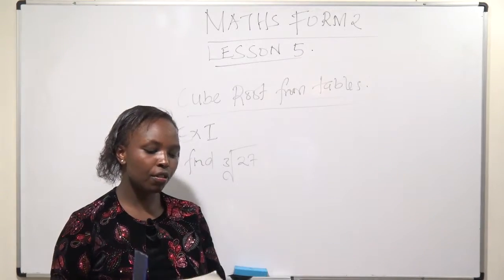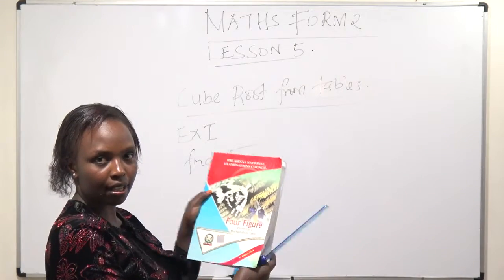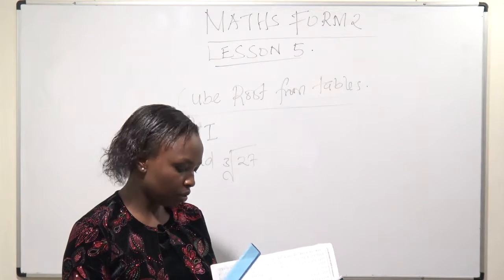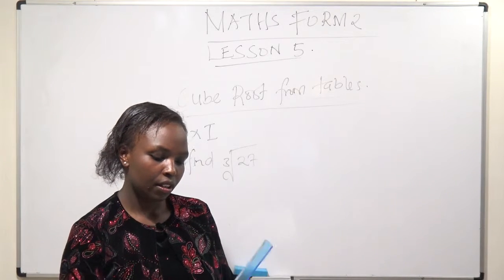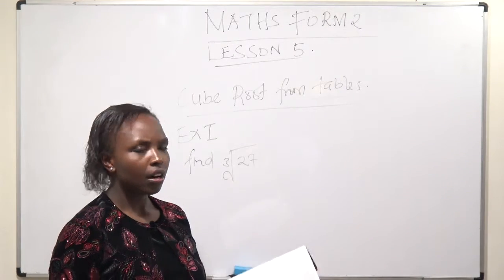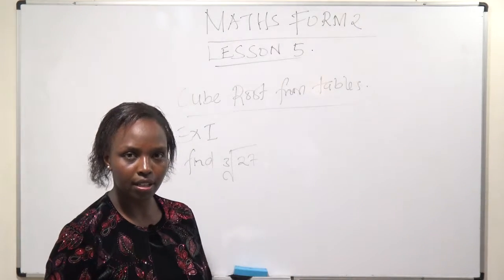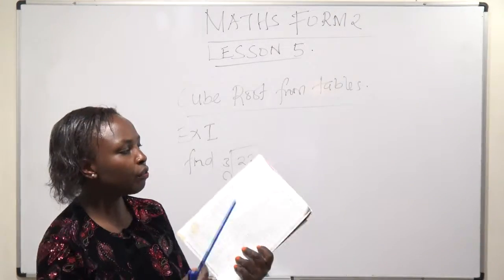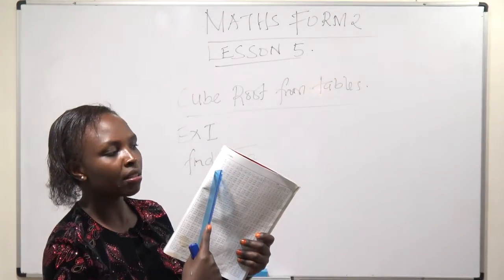If you have the 4-figure mathematical table that appears like that, the cube is found on page 25. That's where you have the cubes. Now, cube roots. How do you go about that? Remember, when you're looking for the cube, you would first start by getting the numbers on the x column.